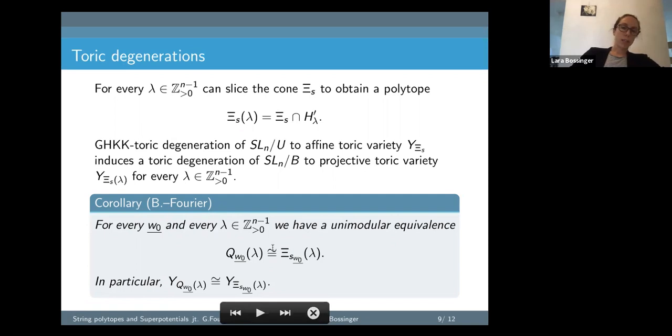And now we have the second set of polytopes coming from the tropicalized superpotential, and they are unimodular equivalent whenever I choose a seed that is associated to the reduced expression. That defines my string polytope. And in particular, unimodular equivalence between these polytopes induces an isomorphism between the associated toric varieties.